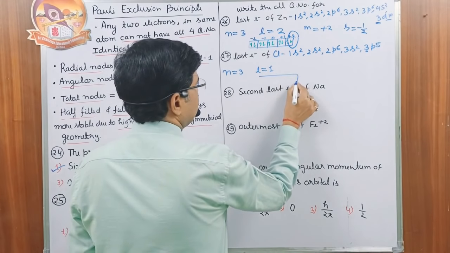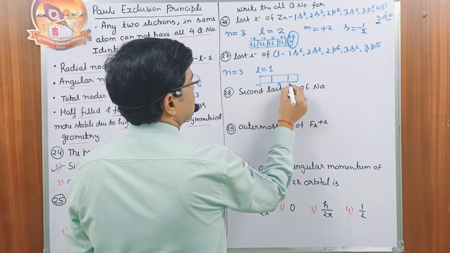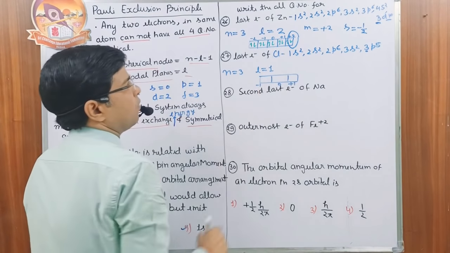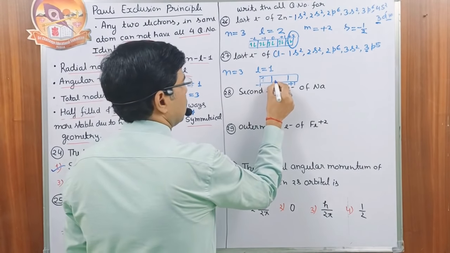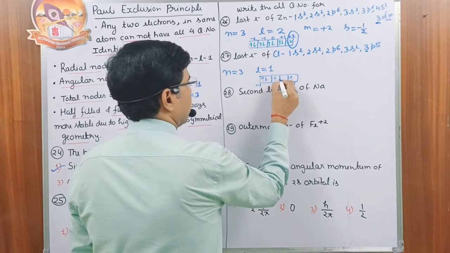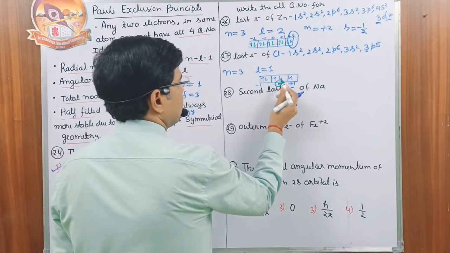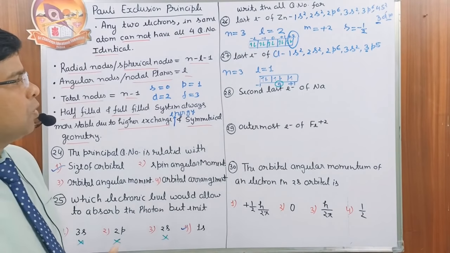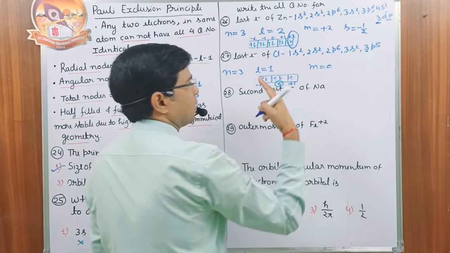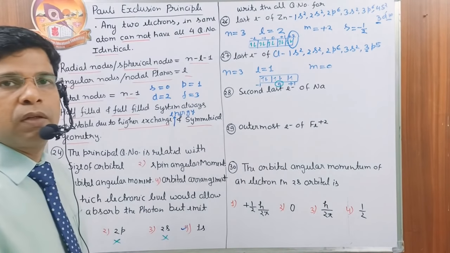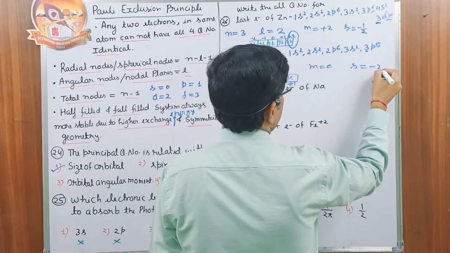In the p subshell we have 3 orbitals, -1, 0 and +1, and we have to find the fifth electron: 1, 2, 3, 4, 5. So electron number 5 enters the orbital where m is equal to 0. Is it up spin or down spin? It is down spin, so the value of s is -1/2.